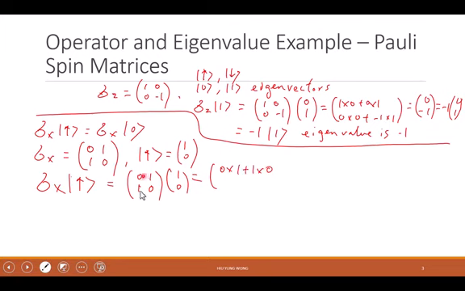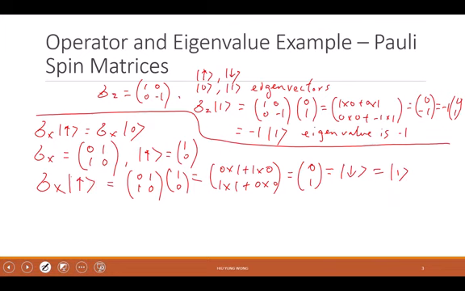Because I multiply this row with this column, use the regular matrix multiplication rule. Bottom is 1 times 1 plus 0 times 0. What is this? 0, 1, which is spin down. Isn't that something like the NOT gate? Because this is 1, right? By applying the sigma x to 0, which is spin up, I get 1, which is spin down. Just like a classical computer, I negate the basis state.